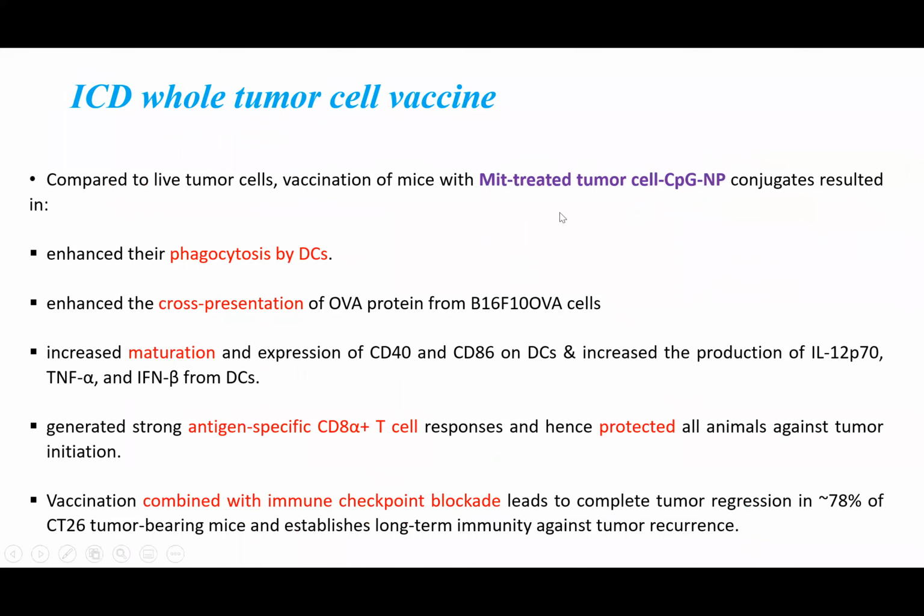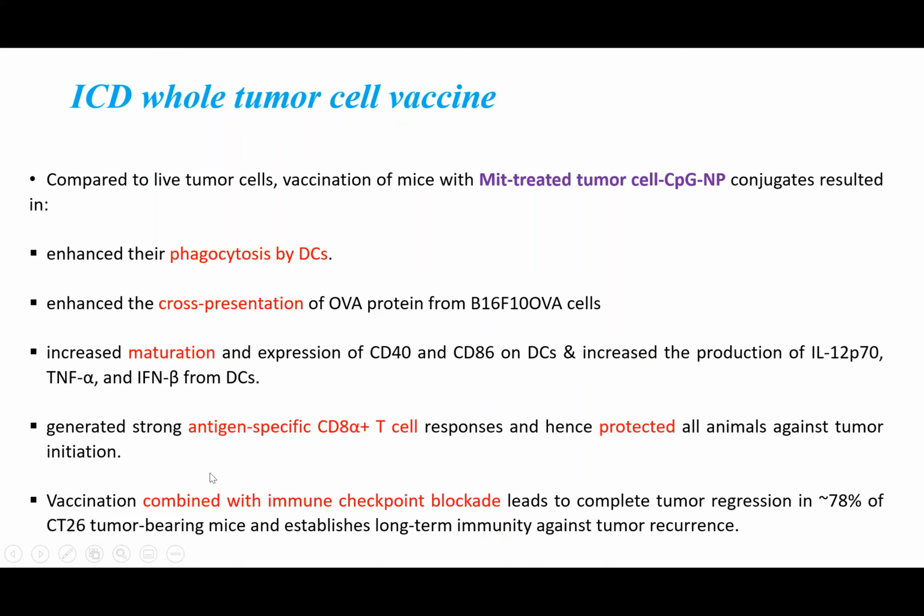In this strategy, vaccination of mice with mitoxantrone-treated tumor cells coupled to CpG nanoparticles as adjuvant resulted in enhancement of the phagocytosis of cancer cells by dendritic cells, also enhanced the cross-presentation of the model antigen ovalbumin from melanoma cells, increased the maturation of dendritic cells as demonstrated by enhanced expression of the activation markers, for example, CD40 and CD86, also generated strong antigen-specific CD8 positive T cells, and protected all animals against tumor initiation.